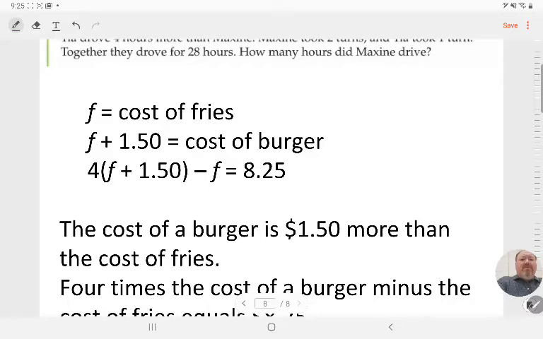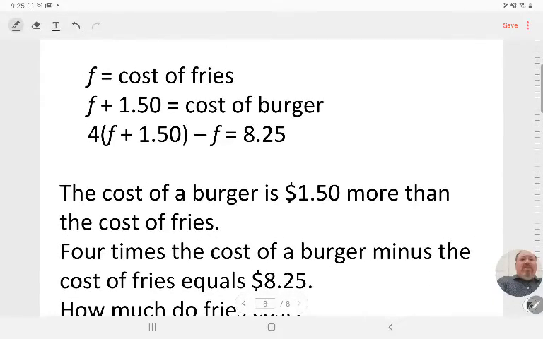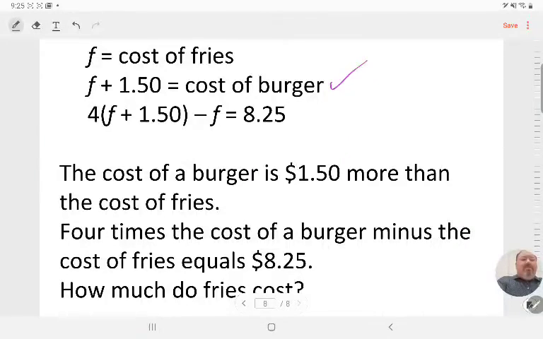F equals the cost of fries. F plus $1.50 is the cost of burgers. And 4 times the sum of F plus $1.50 minus F equals $8.25. So I could write a problem for that. The cost of a burger is $1.50 more than the cost of fries. 4 times the cost of a burger minus the cost of fries equals $8.25.